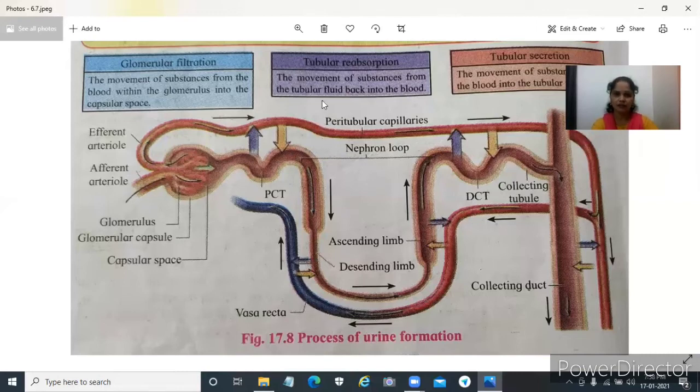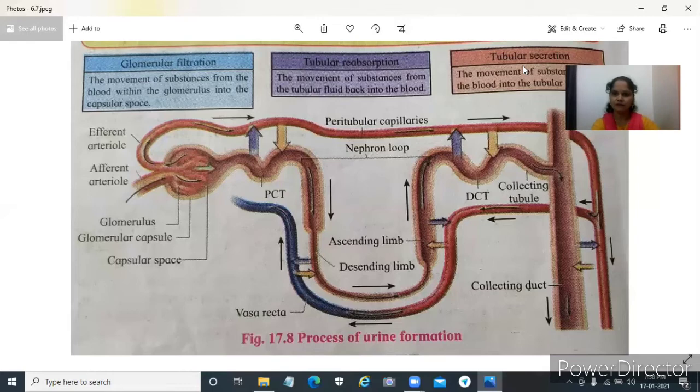So this step is tubular reabsorption, the substance is absorbed again.